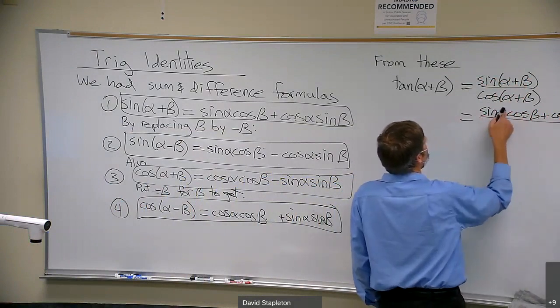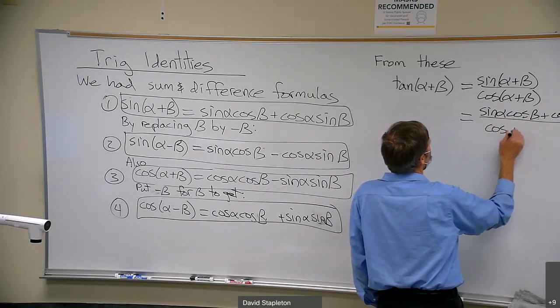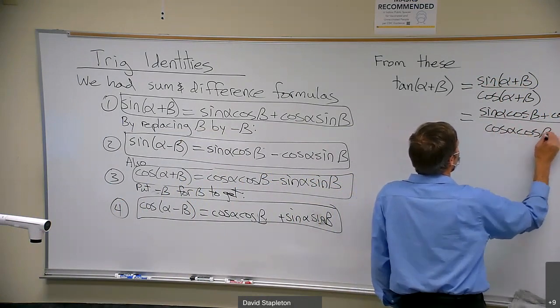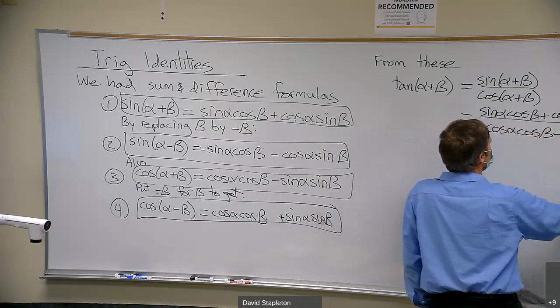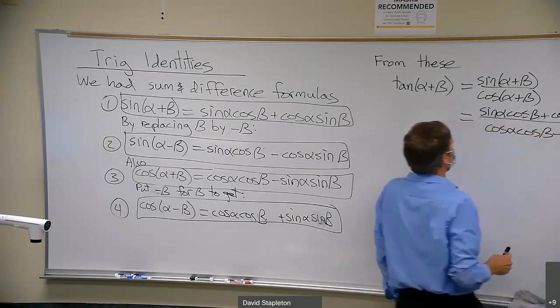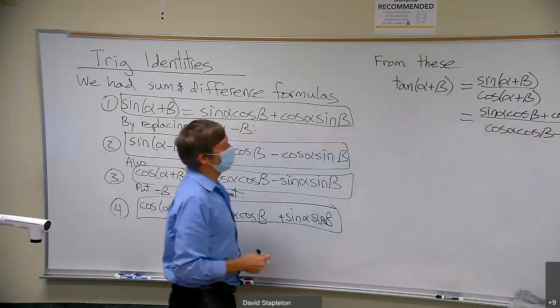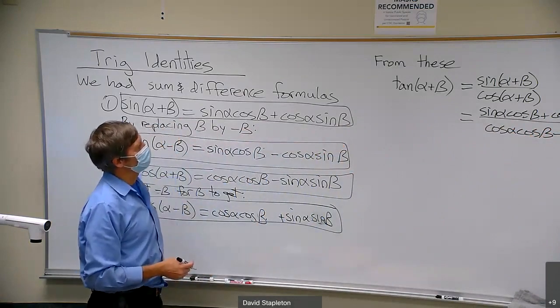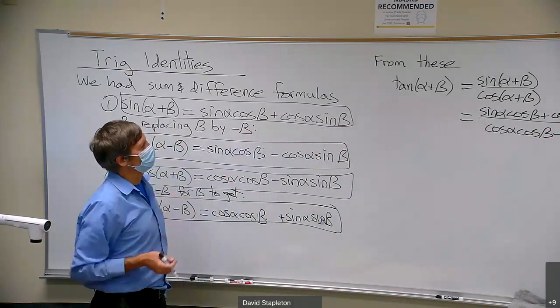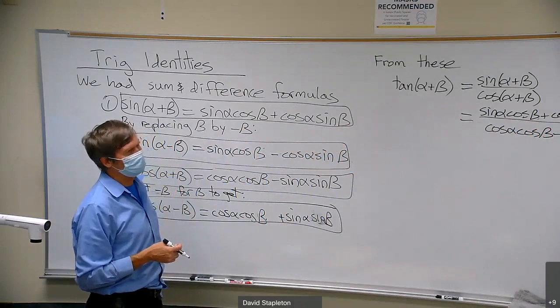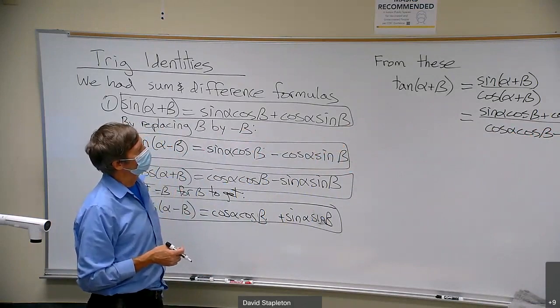And the cosine of the sum is cosine, cosine minus sine, sine. And we have that. So there is a sum identity for tangent, but really we'd like to write it all in terms of tangent. How can I switch that over to make it tangent?